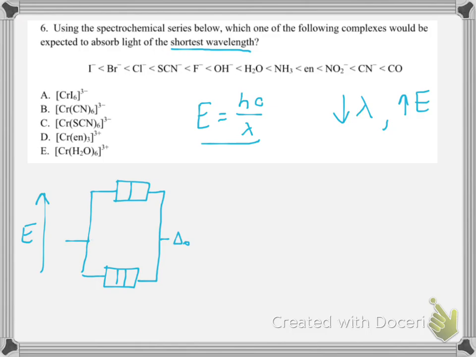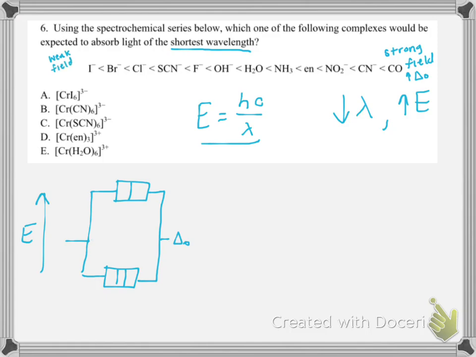Okay, and what the spectrochemical series tells us is that these are strong field ligands on the right. So they'll have a big delta. Whereas these are weak field on the left.